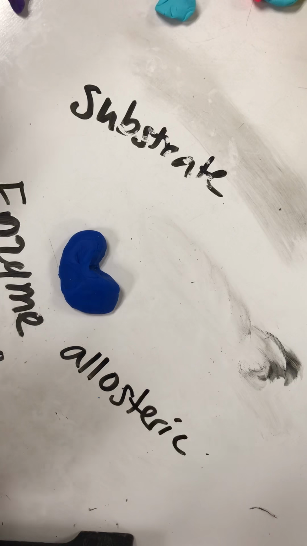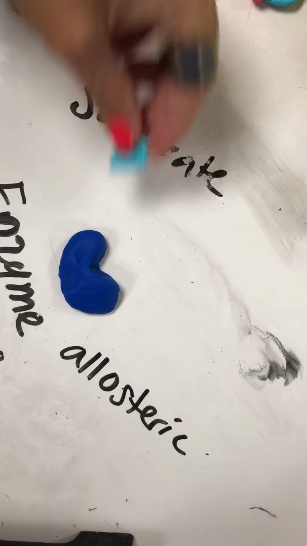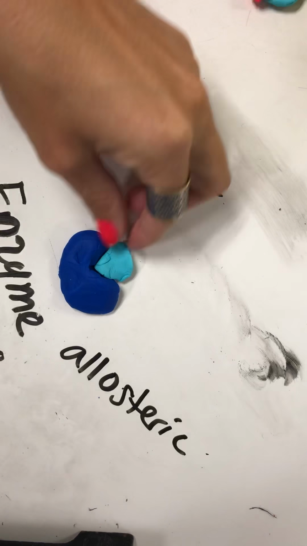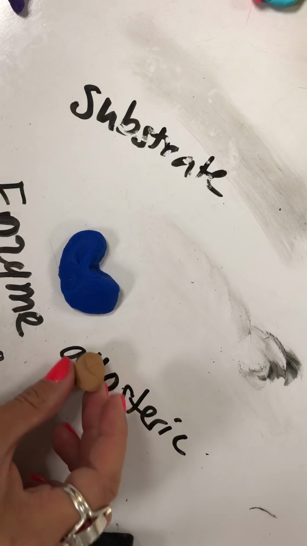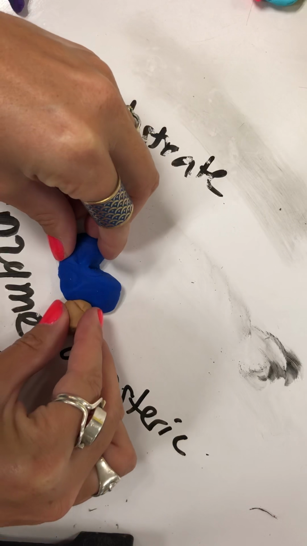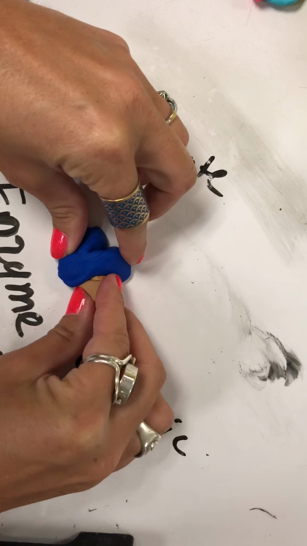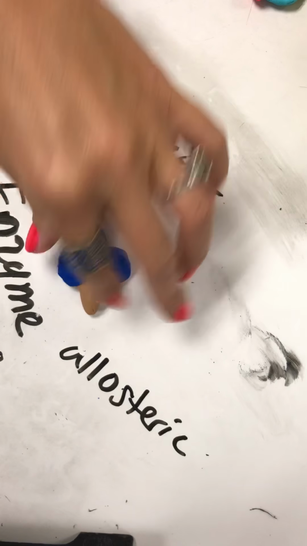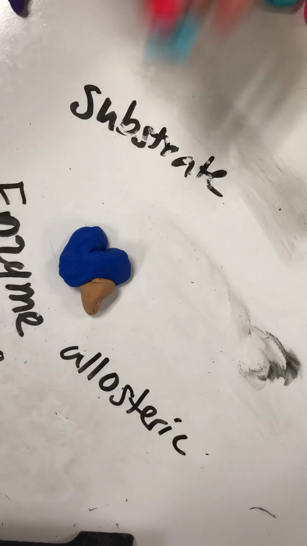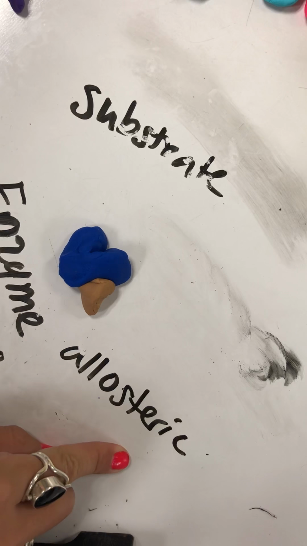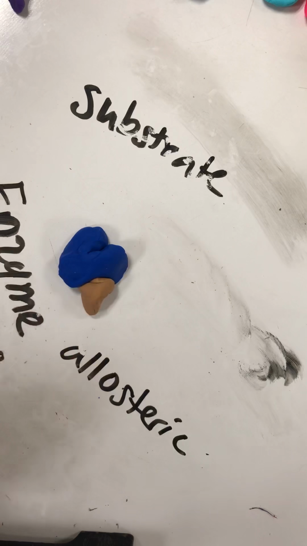So in a non-competitive inhibitor, this active site right now is a good shape for the substrate to attach and react. However, if an allosteric or non-competitive inhibitor attaches to the enzyme, it changes the enzyme shape, and now that substrate can no longer attach. So allosteric inhibitors change the shape of the enzyme, preventing the reaction.